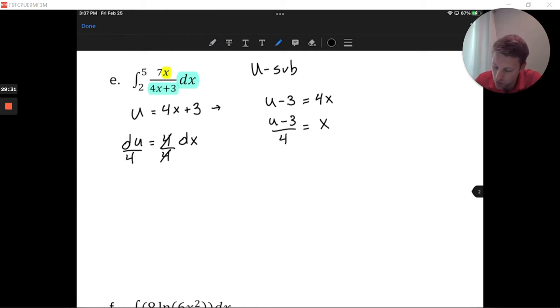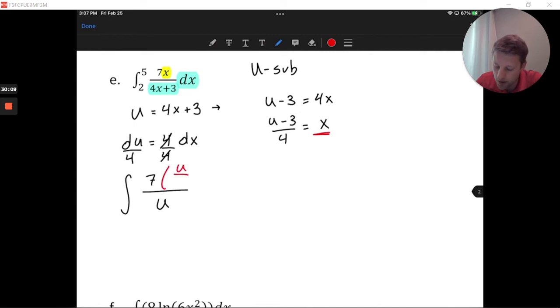So let's go ahead and rewrite this. We have the integral of, we have that 7 that we can just keep inside that integral, that's okay, divided by the u itself, that's the 4x plus 3. And so we've got that as just a u. We also have that x variable that we highlighted in yellow. This x variable, we know its definition here as u minus 3 divided by 4.